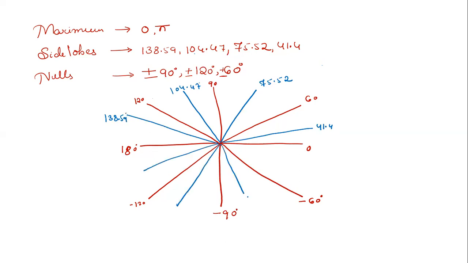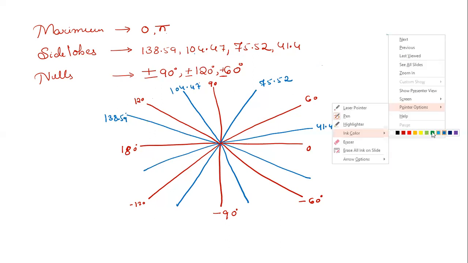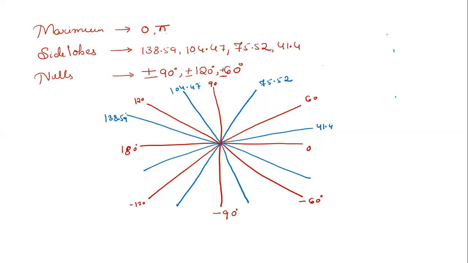Okay, the blue color what you see are side lobes. But where do I have maximum? 0 and π. Always remember, how do you write the radiation pattern? Always, if this is the main lobe, it should end at first nulls.